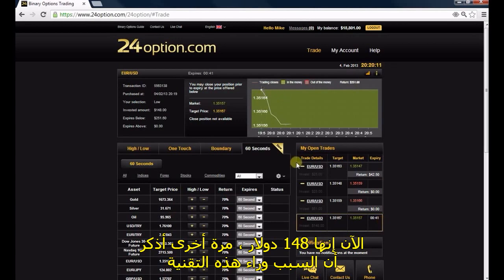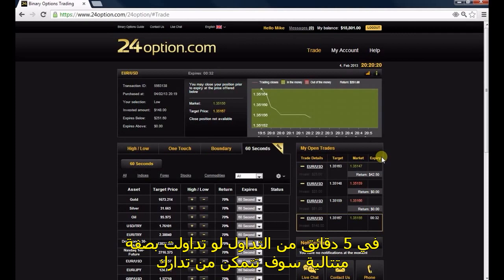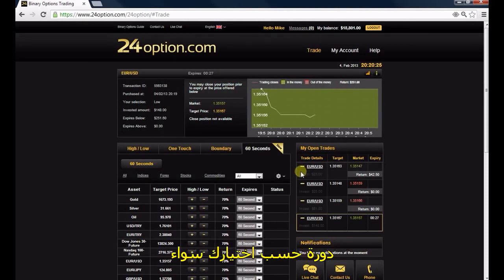And the idea behind this trading system is that you're guaranteed by the 5th trade that you have to win, because that's 5 minutes of trading. Over 5 minutes of trading, if you trade sequentially, you're going to be able to catch a cycle whereby, depending on whether you've chosen call or put, the trend of the current currency is going to change.